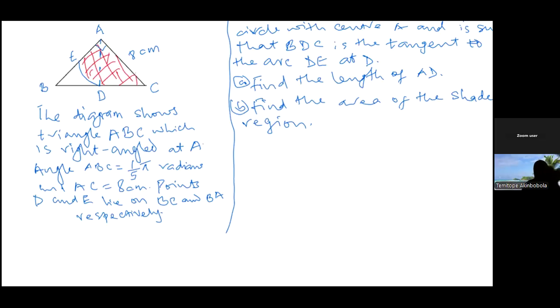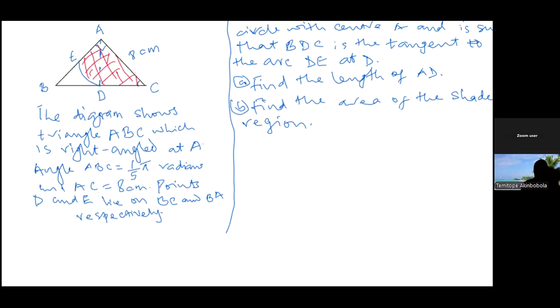Now, to find that, I will need to find angle ACB, or you want to say BCA, whichever way you want to navigate. I will need to find this angle here.